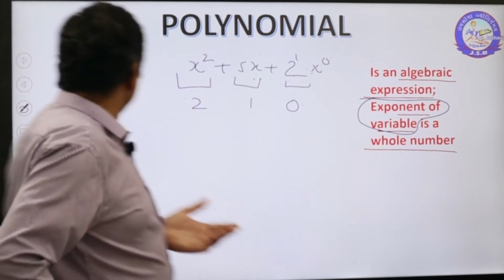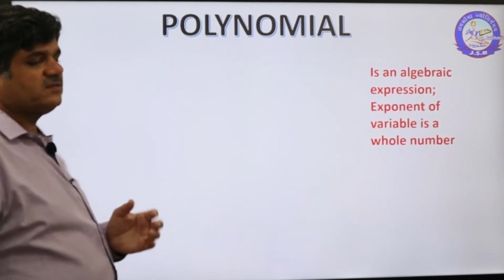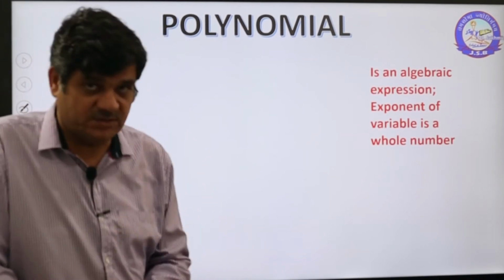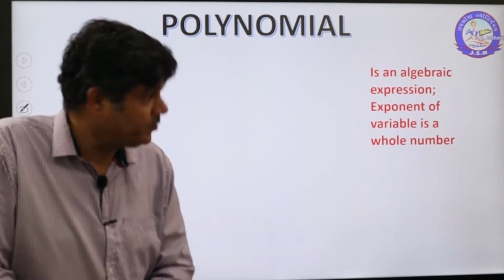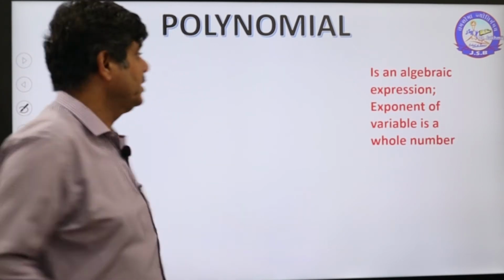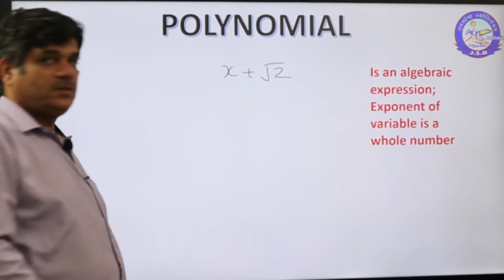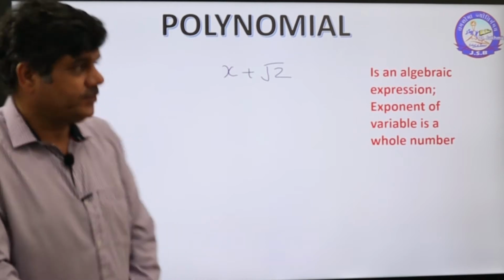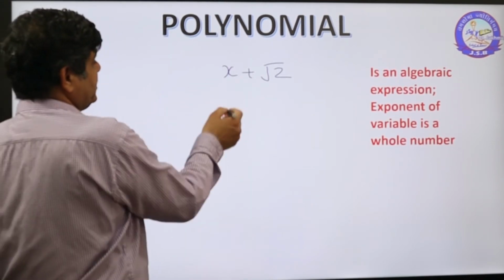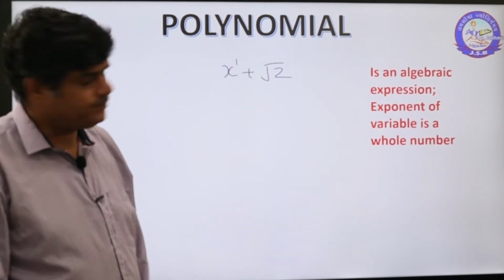So, in order to understand what a polynomial is, you must simply look at the exponent of the variable. I'm emphasizing again, we are not concerned about the exponent of a constant. If I say x plus root 2, is it a polynomial? So I will look for the exponent of the variable. The variable is x here, so its exponent is 1. 1 is a whole number.